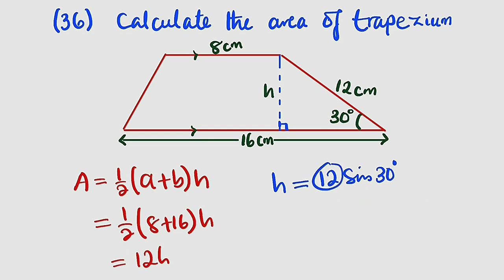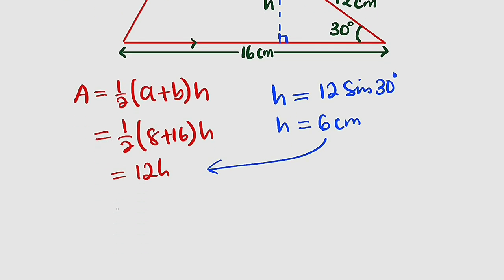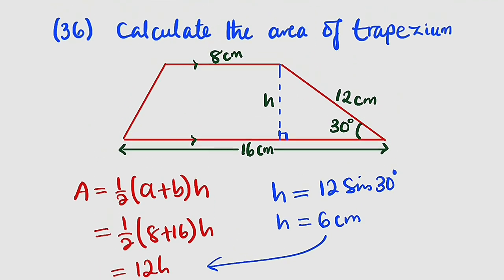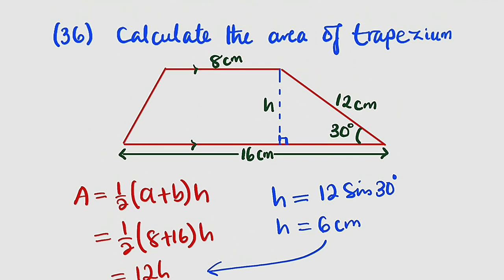Then half of 12 is 6. And therefore, h is equal to 6 cm, which we can now plug into this equation. A finally equal to 12 multiplied by 6, and A equal to 72 cm squared. And 72 cm squared is just the area of this trapezium.